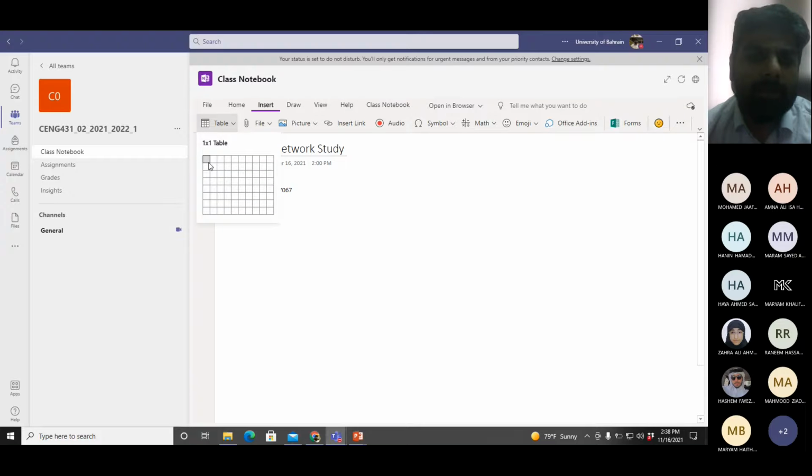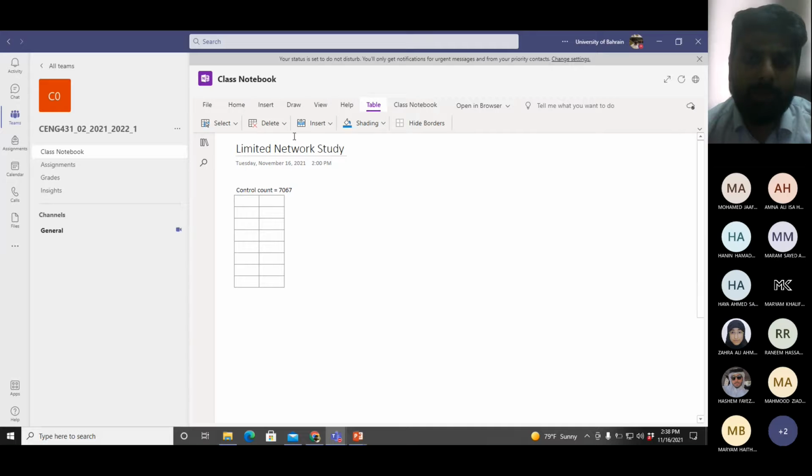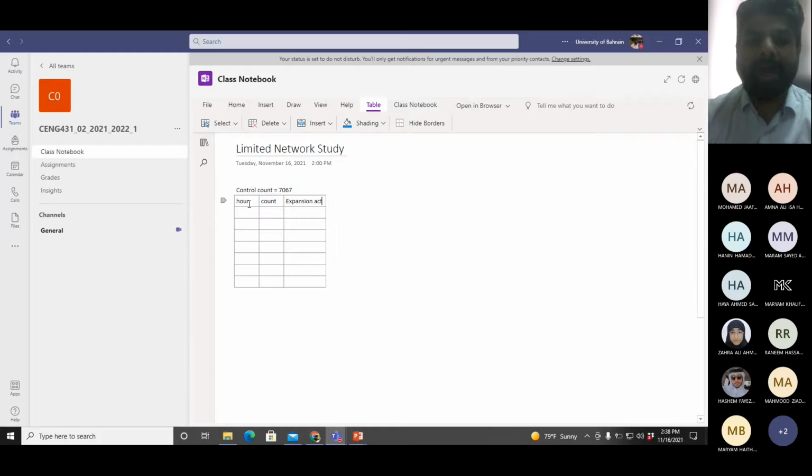I have the hour, how much was the count in that hour, and the proportion of total traffic coming in that hour. We will call it the expansion factor. Why we call it the expansion factor, I will explain later.